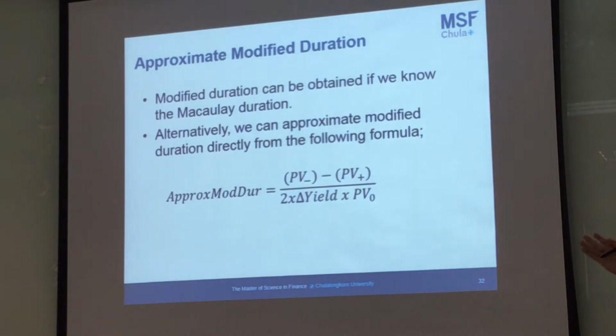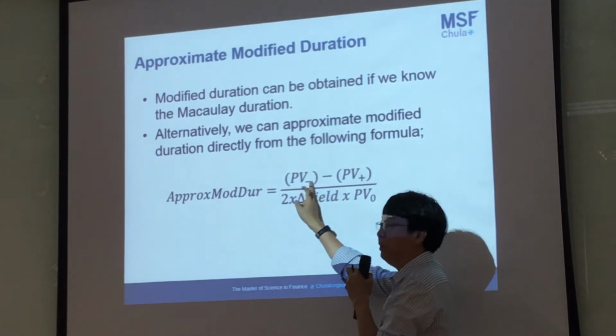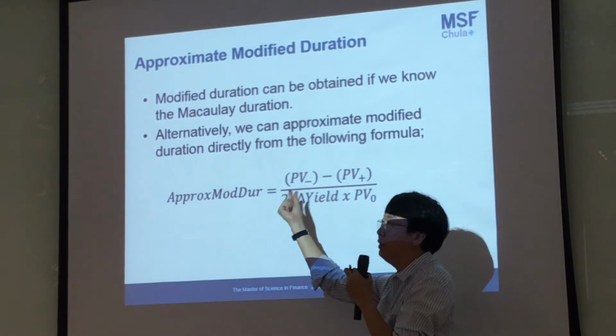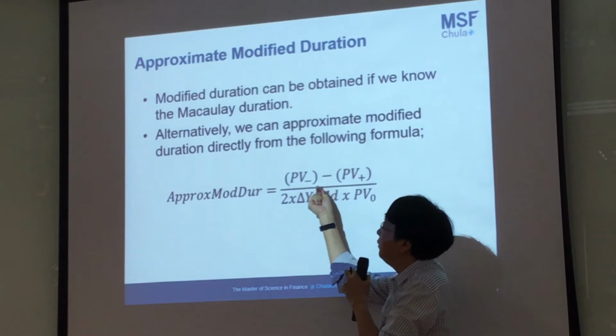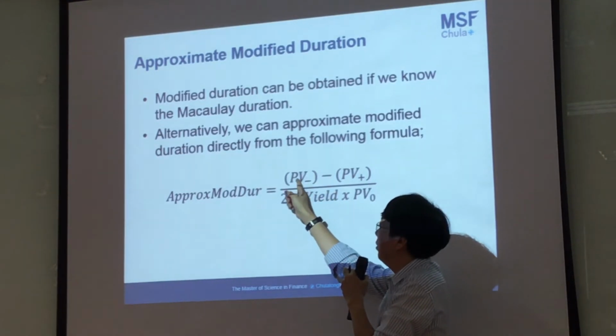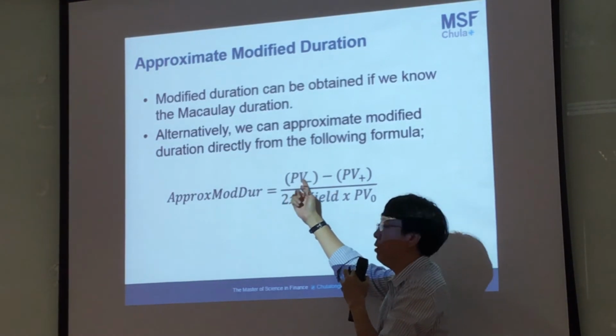This is another one that we can do, but this is the approximate formula, the approximate modified duration formula. In this case, we re-estimate the value of the bond given that the yield decreases by some certain level. Suppose the yield decreases 50 basis points, how does the bond price change? So you re-estimate the bond price.